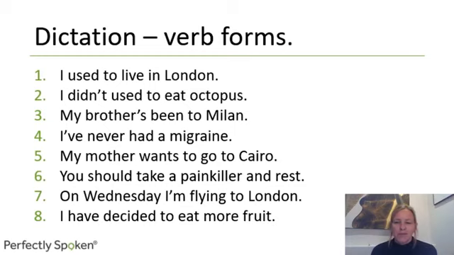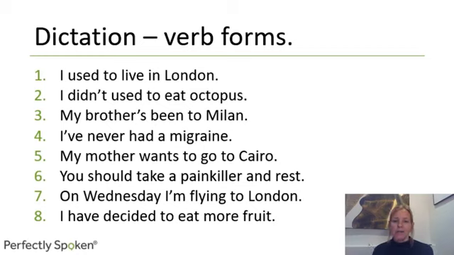Okay. Number 7, here, interesting, we've got present continuous, but for a future planned action. So on Wednesday, so today is Sunday, on Wednesday, I'm flying to London. So it's present continuous used for a future plan.